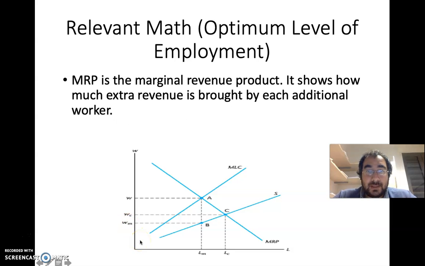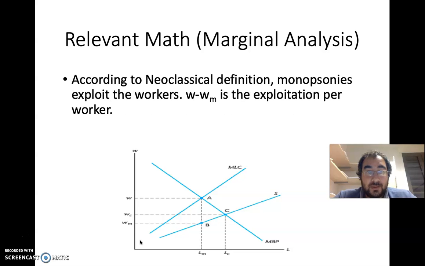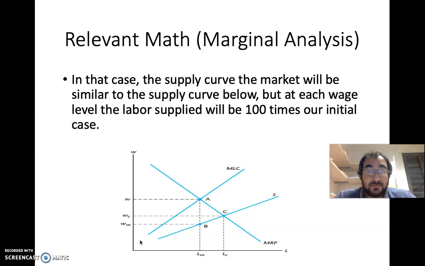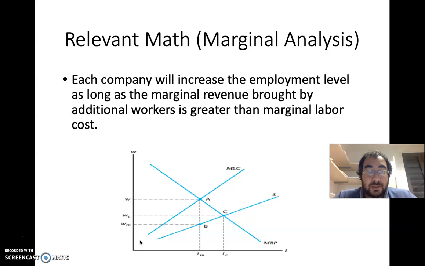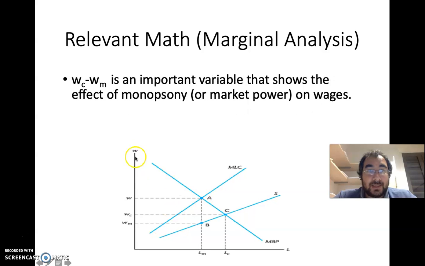And sometimes WC over WM is taken as, some economists argue that it can be taken also as an exploitation rate, because having a monopsony market is actually making workers lose that amount.